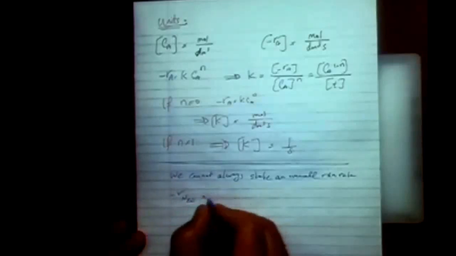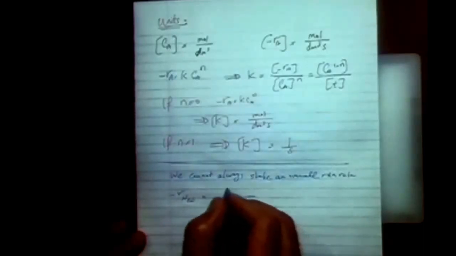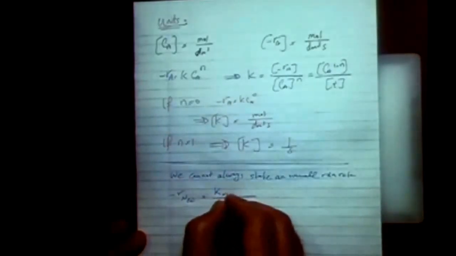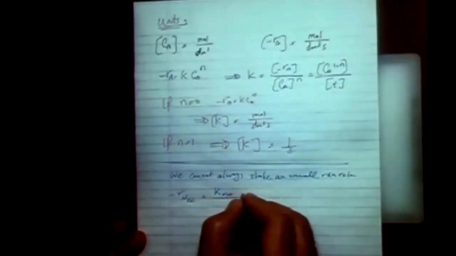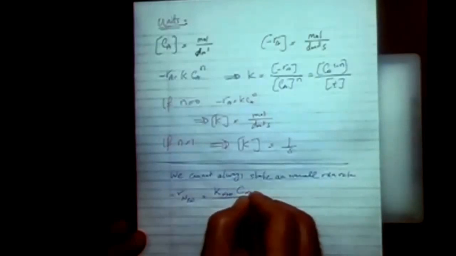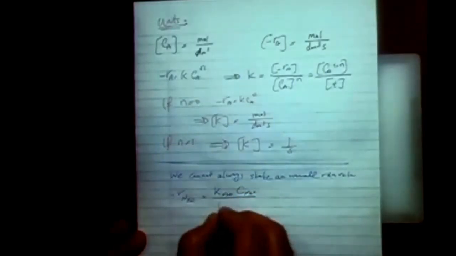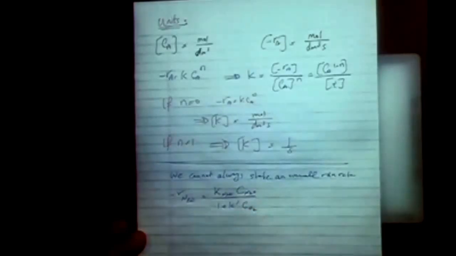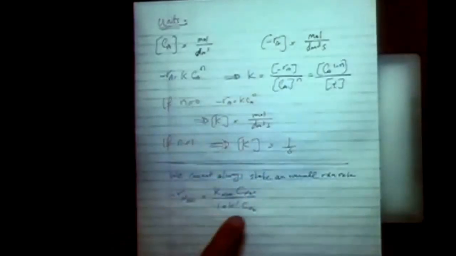That will happen most of the time when you have a gas-solid reaction. So it is k times the concentration of N2O over 1 plus k prime times the concentration of O2. If you look at it, we have a numerator and denominator.